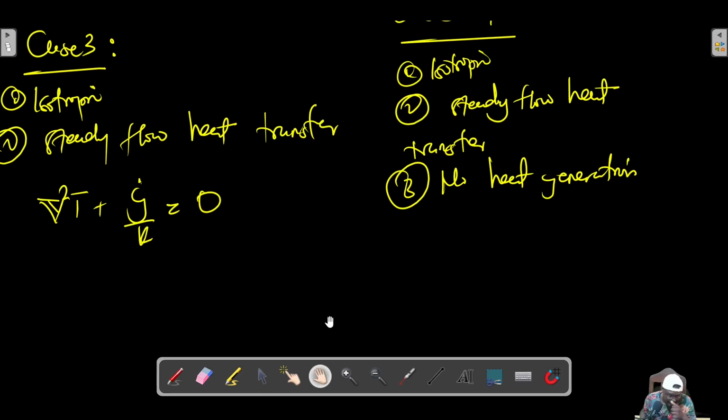Then what would the equation be? Then your equation becomes the Laplacian of your temperature field is equal to 0. That is it.